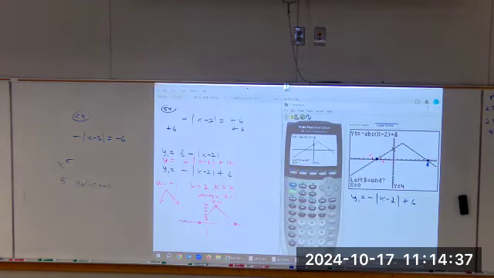The left bound is negative 5, and the right bound is negative 3. Do I want to guess? Nope. You see those arrows in between those two, and right there it's at negative 4. When x is negative 4, the y value is 0.